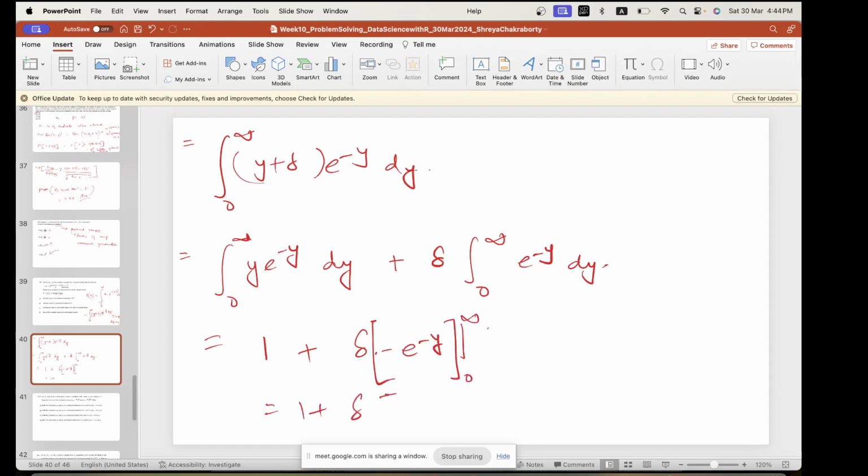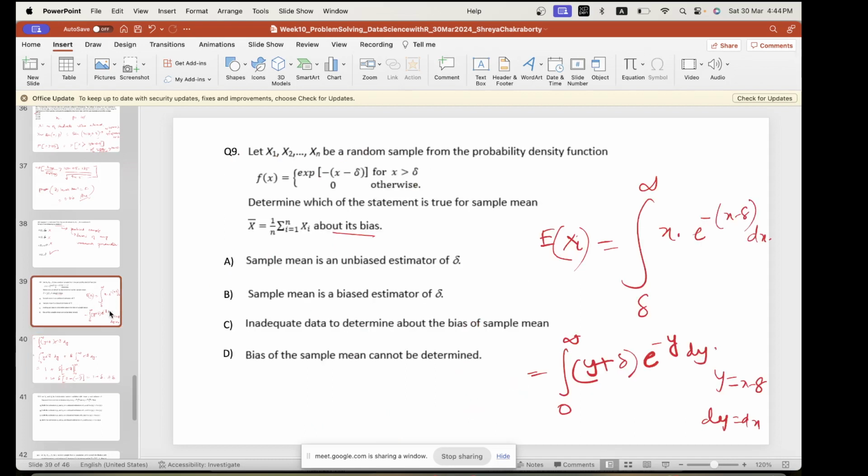So this is 1 plus delta into e to the power minus infinity is 0, minus of minus e to the power 0 is 1. So this is actually 1 plus delta, which is not equal to delta. Okay.